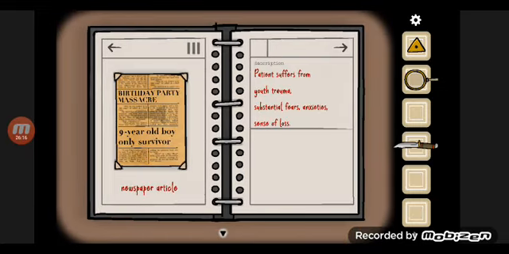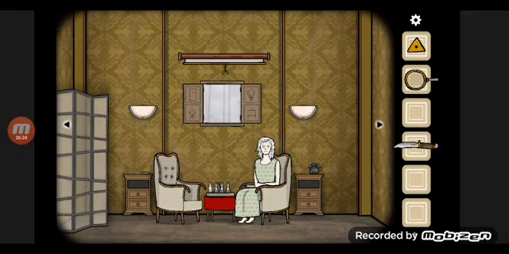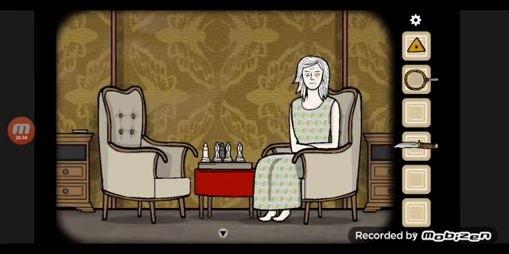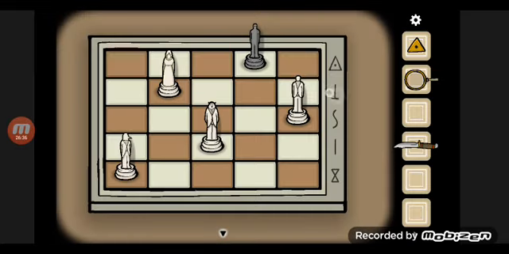Now the third symbol is the symbol with the woman statue. So it's this symbol.